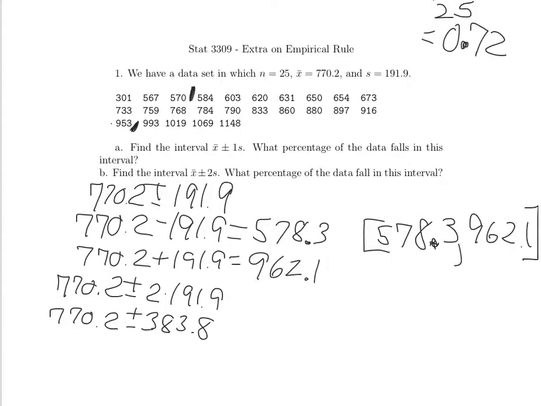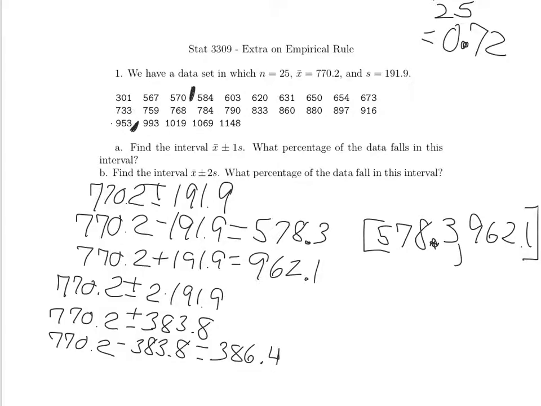So when I do my subtraction, I have 770.2 minus 383.8. And that gives me 386.4. So that's the lower end of my interval.